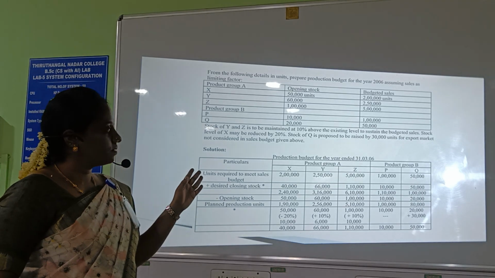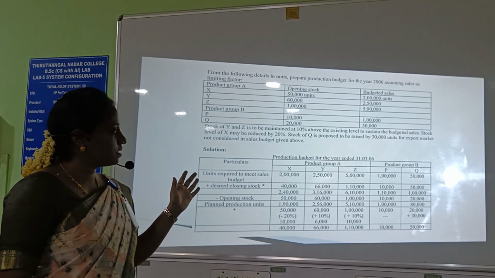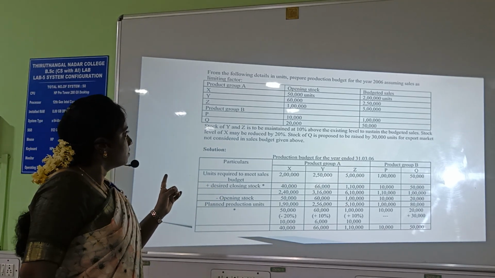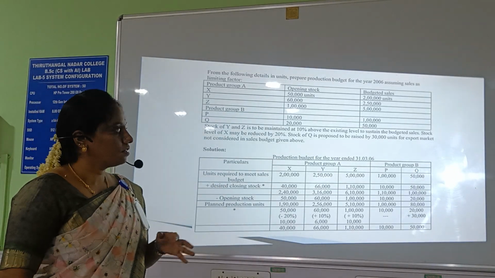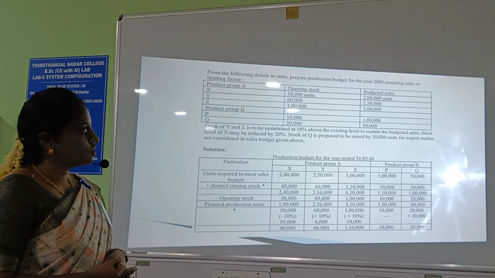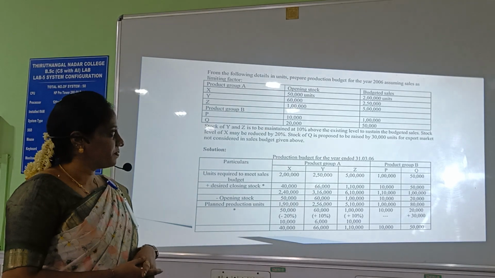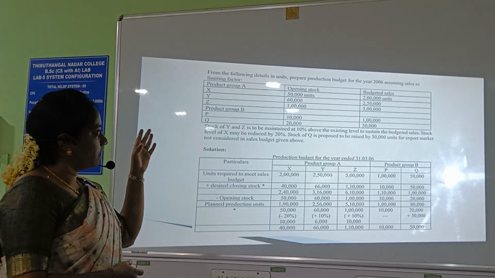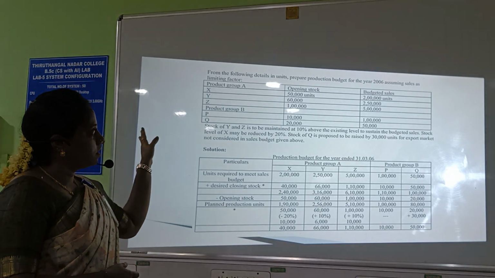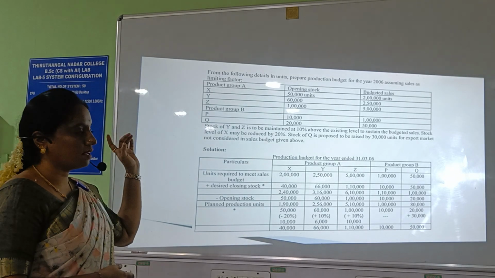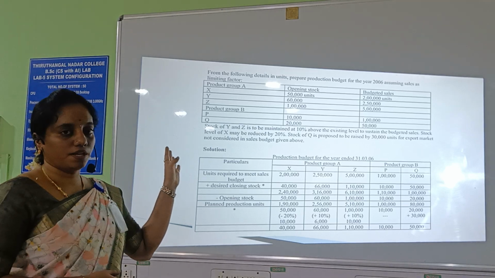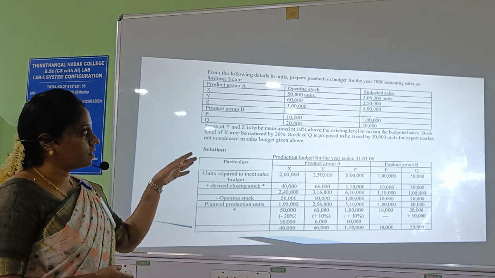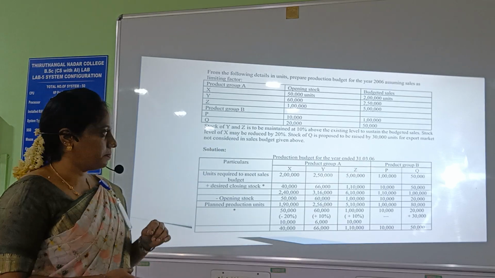So, this is a sum which is under production budget. The question is, from the following details in units, prepare production budget for the year 2006, assuming sales as limiting factor. For product group A, three products are there, X, Y and Z, and under product group B, we have product P and Q. The opening stock and the budgeted sales are given.